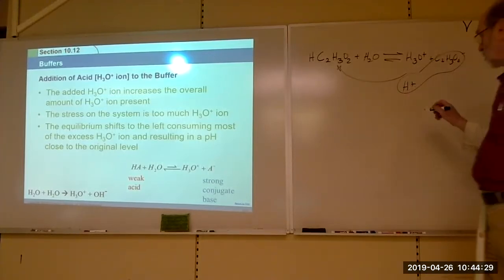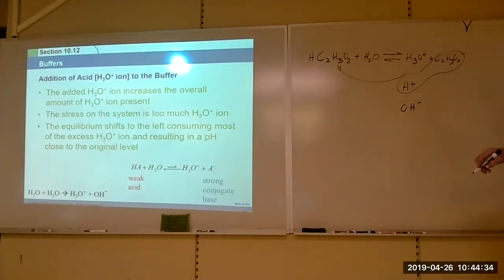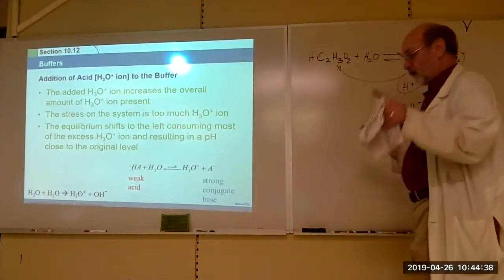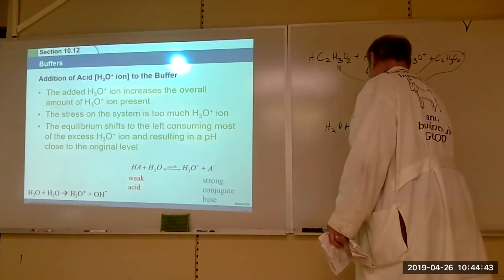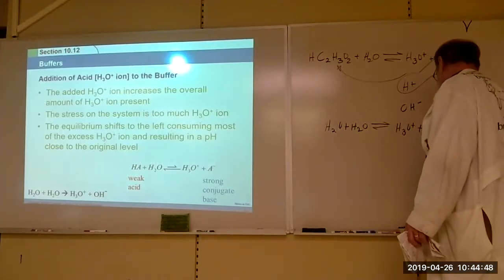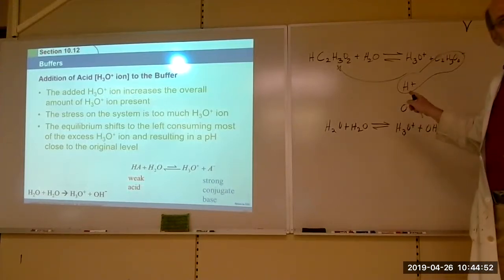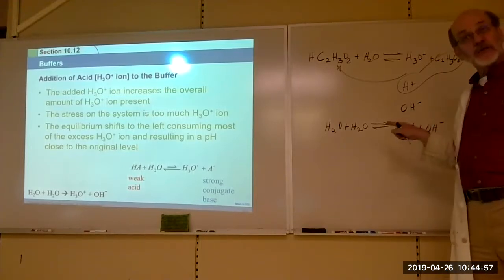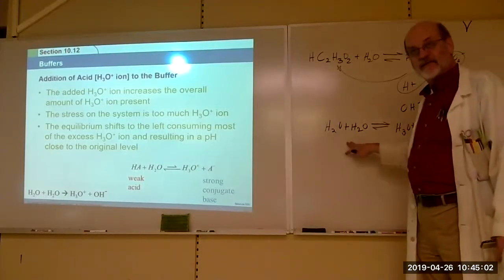What if we add base, though? What does the base react with? I have to say something else first. If the K value for this is 10 to the minus 14th, what does that mean? That means there was very little of this and a lot of that.